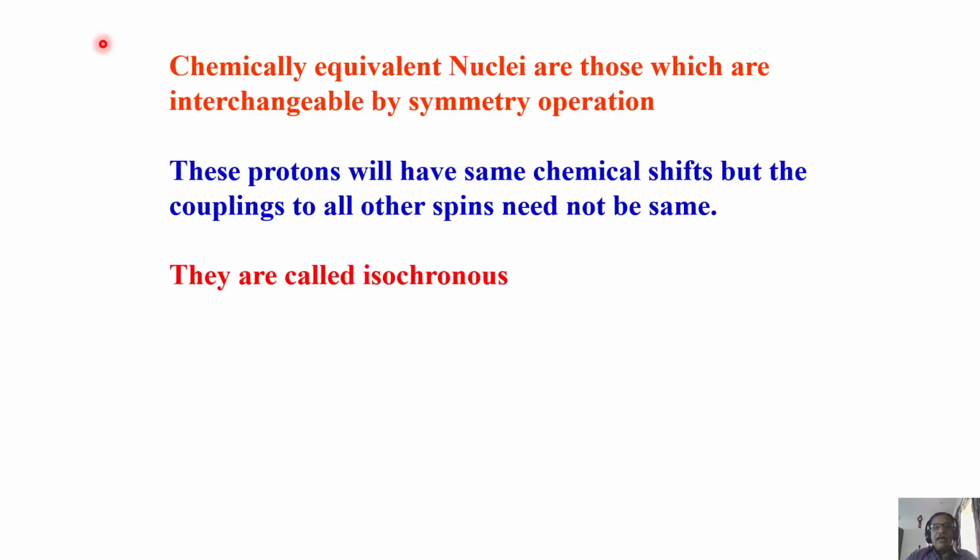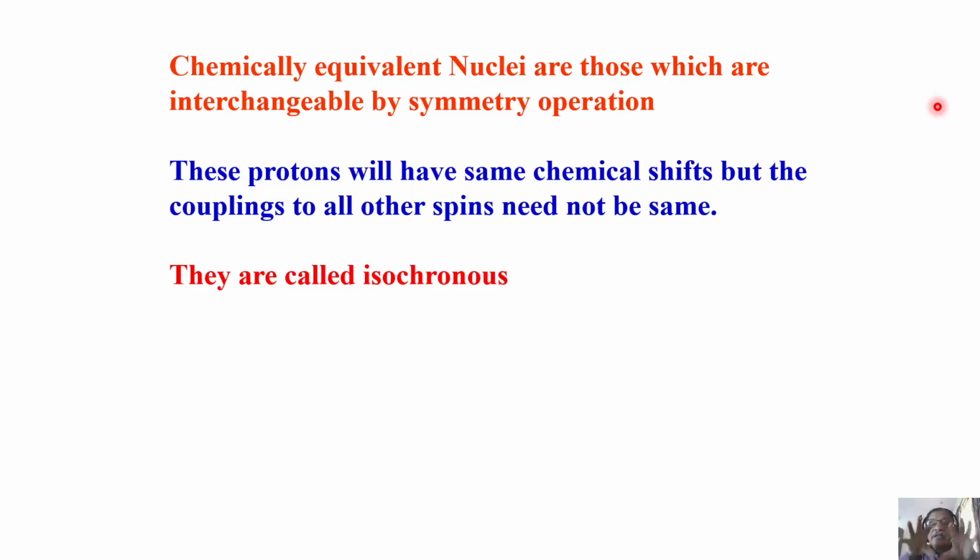Chemically equivalent nuclei are those which are interchangeable by symmetry operation. I don't need to explain this. The molecule has symmetry, whether it is a C2V symmetry or an inversion symmetry. Depending upon the type of symmetry it has, we can say whether the protons have the same chemical environment.